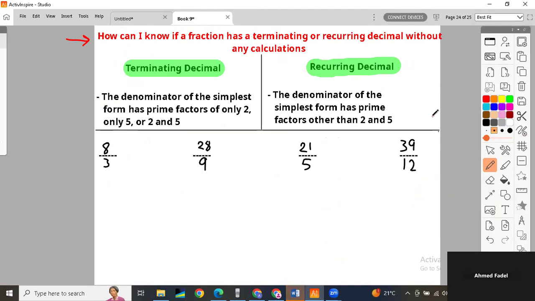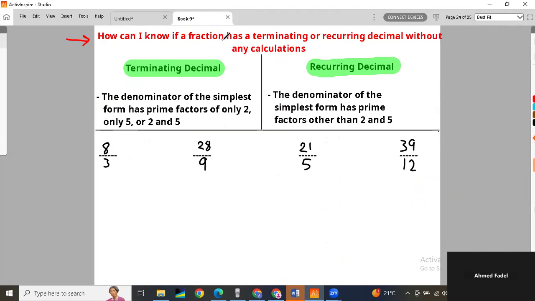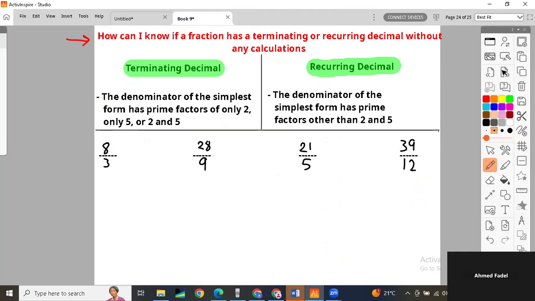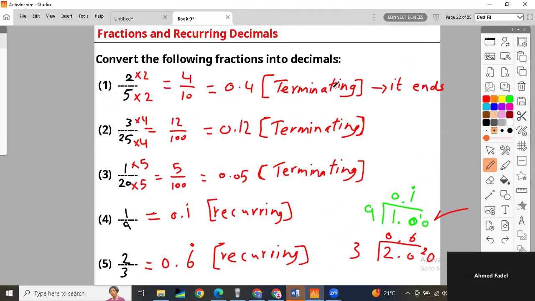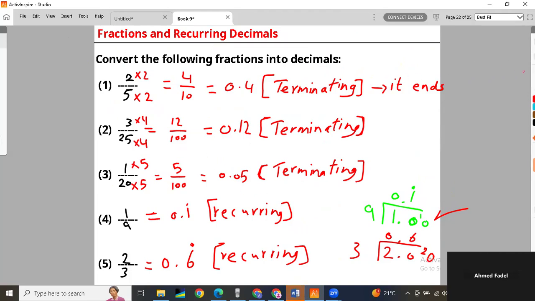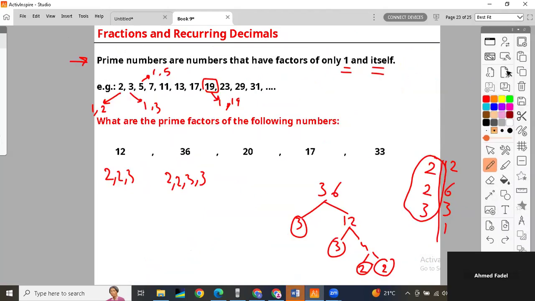They say to you, how can I know if a fraction has a terminating or recurring decimal without any calculations? So without doing the division that we've done in the first slide, how can you know if it has a recurring or terminating decimal?